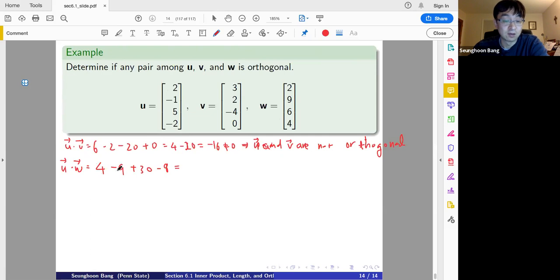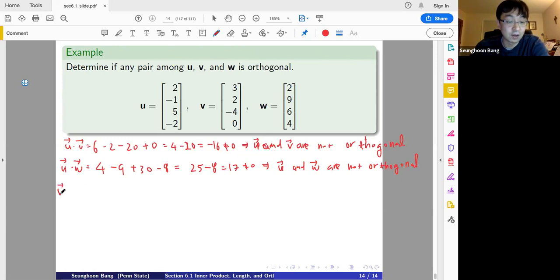So 4 minus 9 is negative 5, negative 5 plus 30 is 25, minus 8 equals 17. It's not equal to 0. What does it mean? Vector u and vector w are not orthogonal.